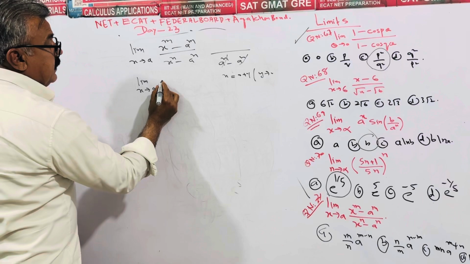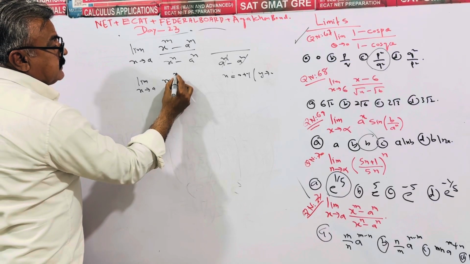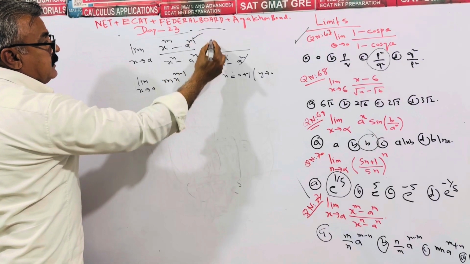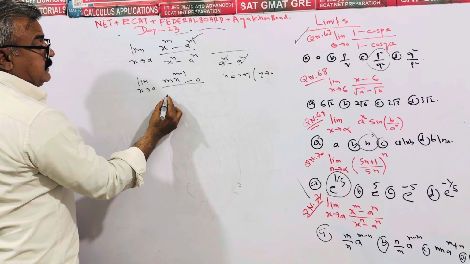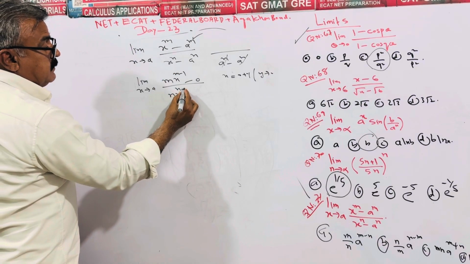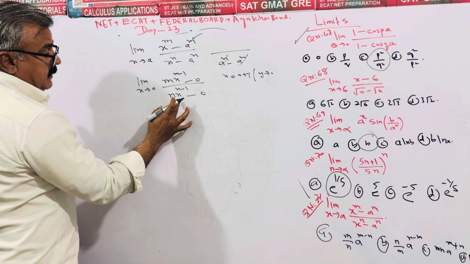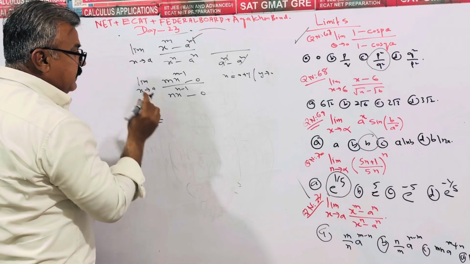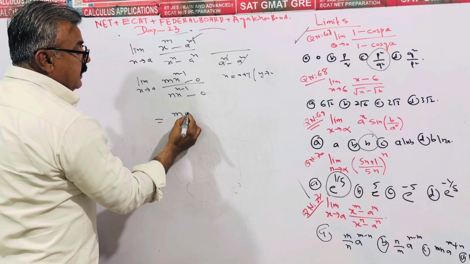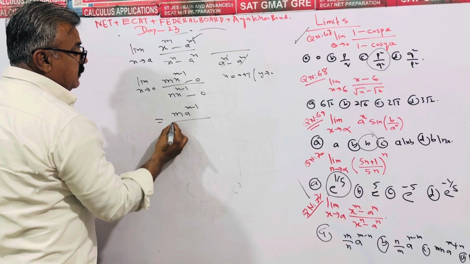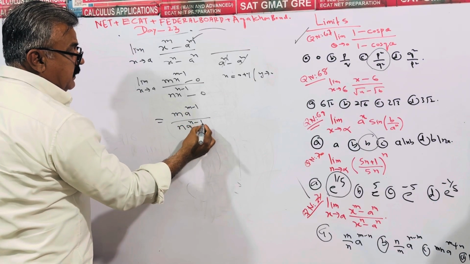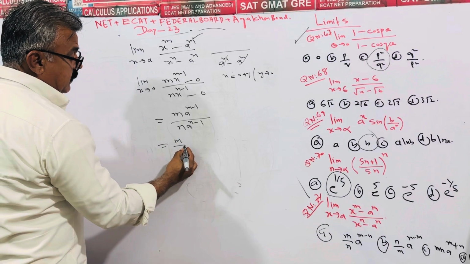Apply L'Hospital's rule: m times x raised m minus 1, minus 0, since the differentiation of a constant is 0, over n times x raised n minus 1, minus 0. Now put the limit x equals a, so the denominator doesn't vanish. It's our answer: m times a raised m minus 1 over n times a raised n minus 1.